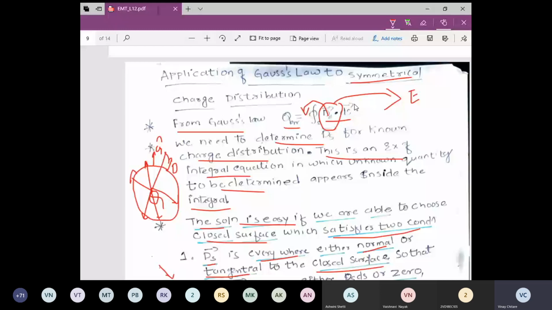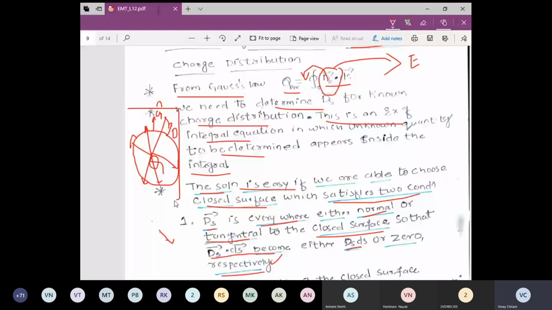So by just knowing the symmetry of a charge, we can find the flux density using Gauss's law. Once we find the flux density, we can find the electric field.